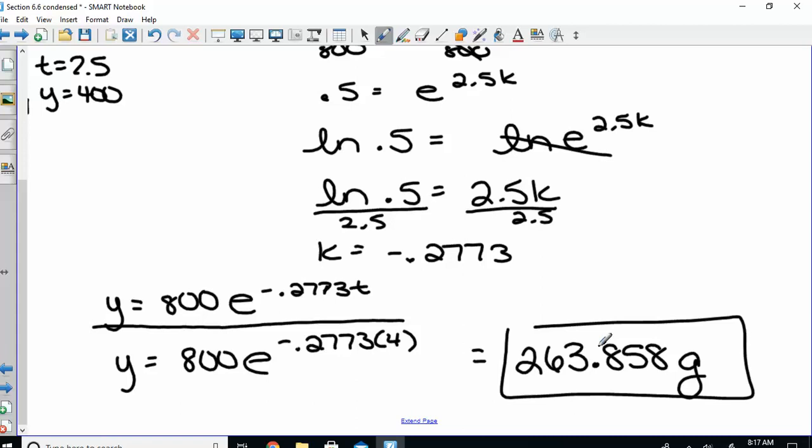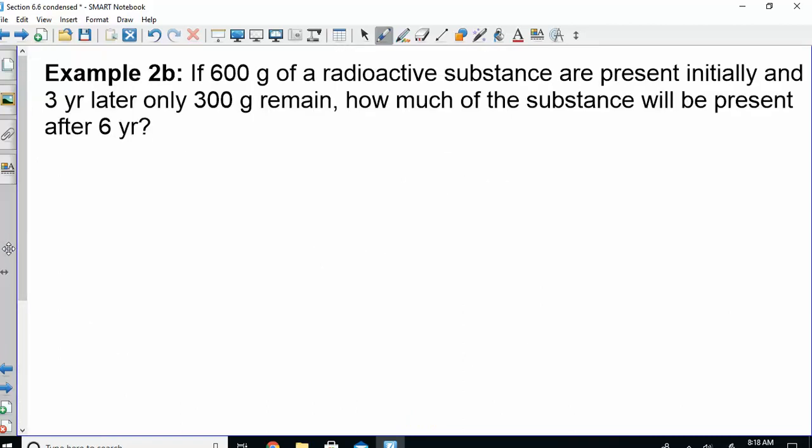Any questions there? Let's do another one along these lines. Why don't you guys see if you can set up this first one? So it's really kind of identical to the last one, just different numbers. So see how far you can get setting that up. Almost identical.